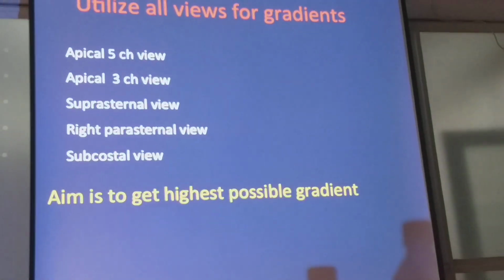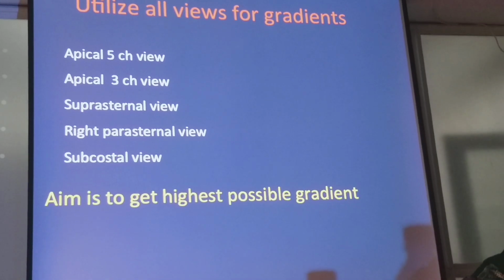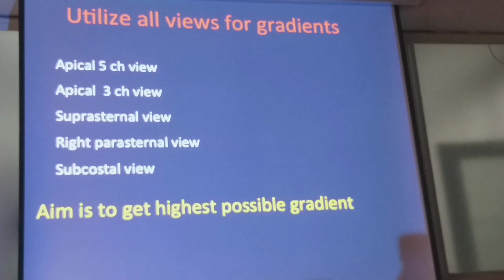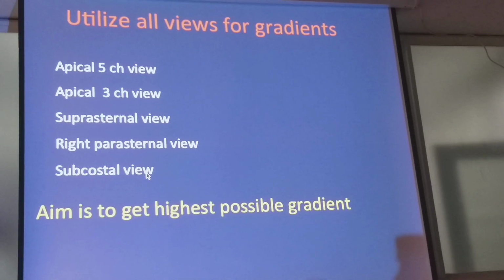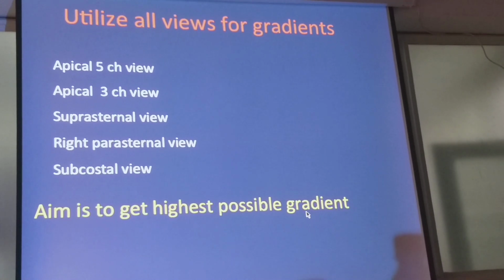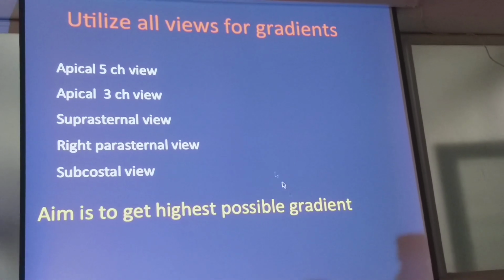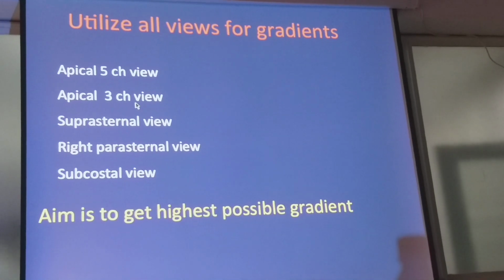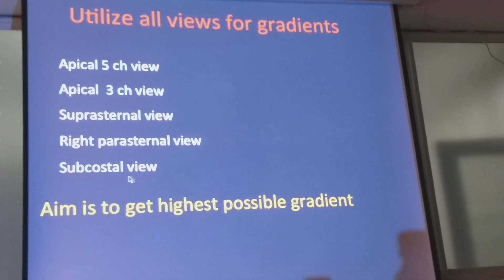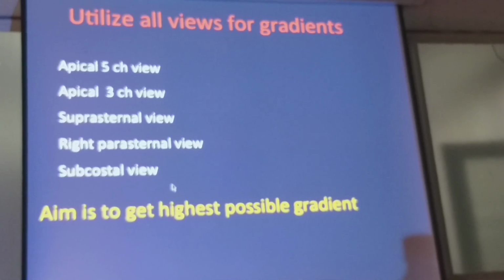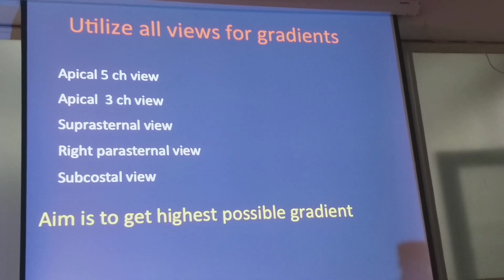Okay. Next, which view will we use to get the maximum gradient? We will use all the views. Our aim is to get the highest possible gradient. Which are the views? 5-chamber, 3-chamber, suprasternal, right parasternal and subcostal. Wherever you are getting the gradient, keep the record and then use.